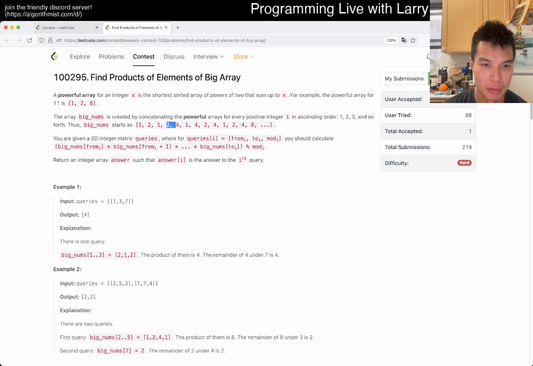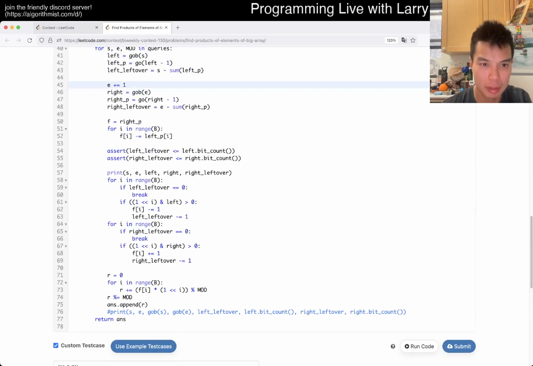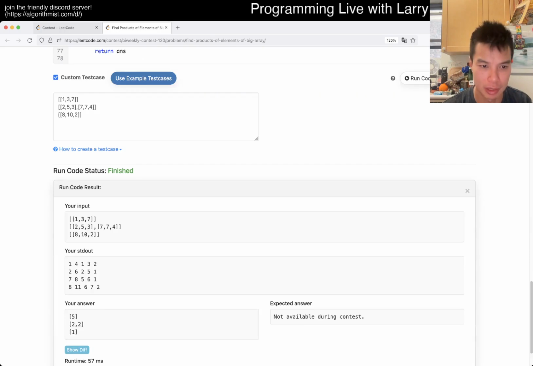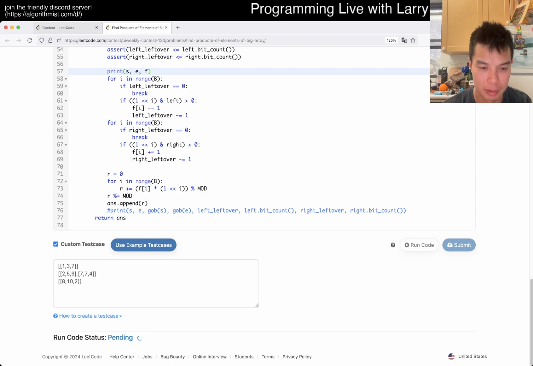Yeah, so this is the 4th number, which is part of the 3, which actually is right. The 2nd number of the.